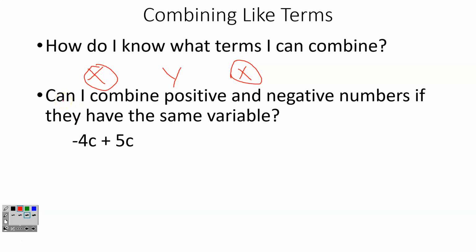The next question to think about is, can I combine positive and negative numbers if they have the same variable? The answer is yes, you can. This is just like what we've been practicing over the last couple of weeks, where we have 4 negatives and 5 positives.